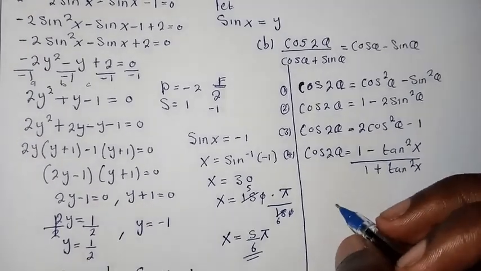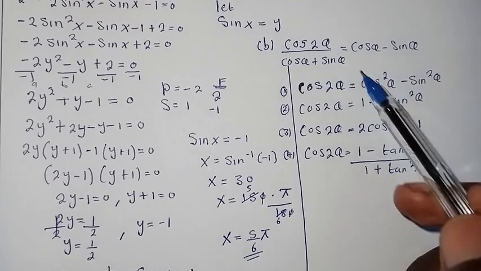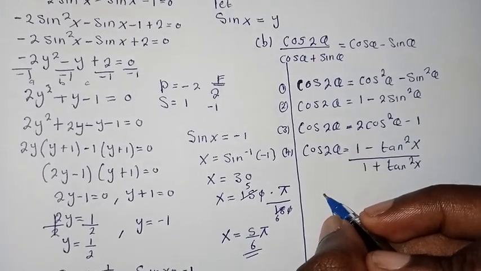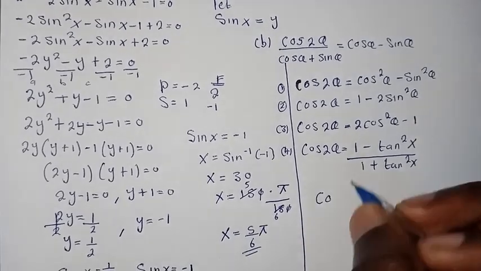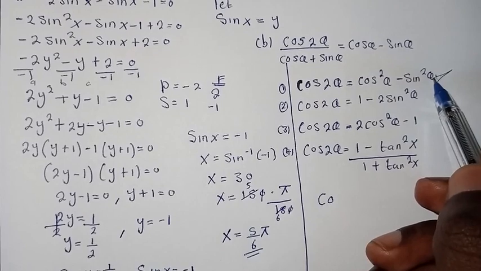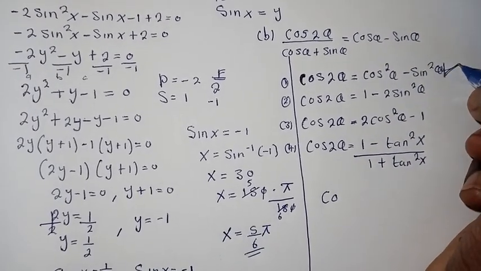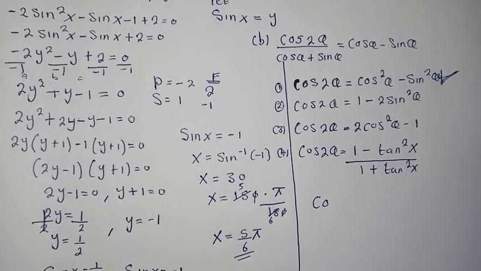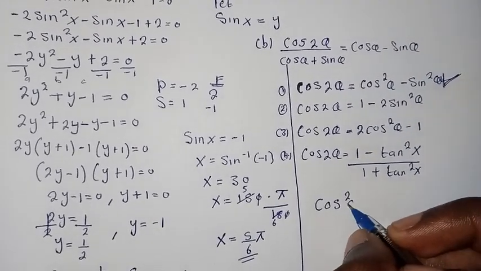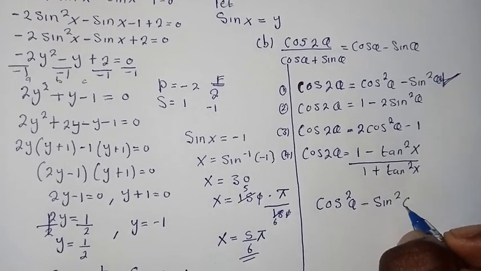Now, knowing these trig identities, we know that this is the same as this, so we can replace where there is this with that. I'm going to use the first trig identity. It's going to be easy. The first trig identity says that this is the same as cosine squared theta minus sine squared theta.